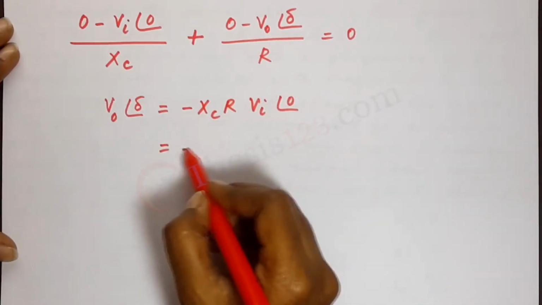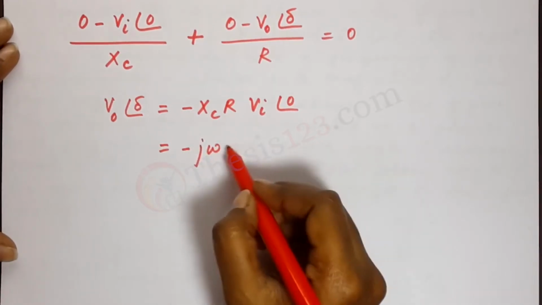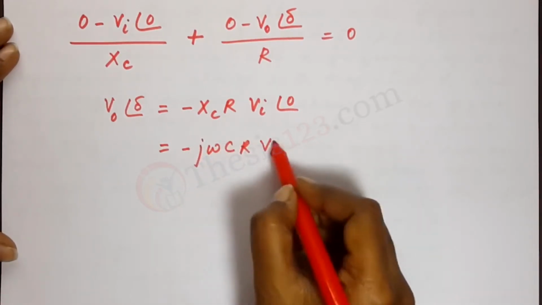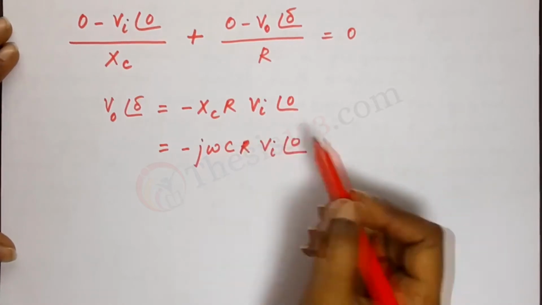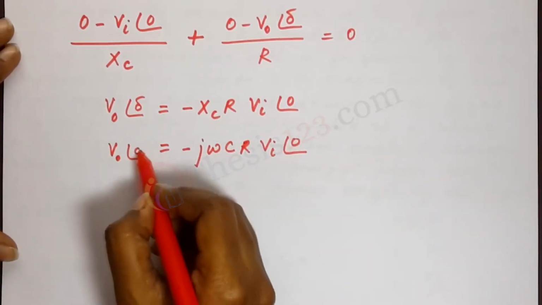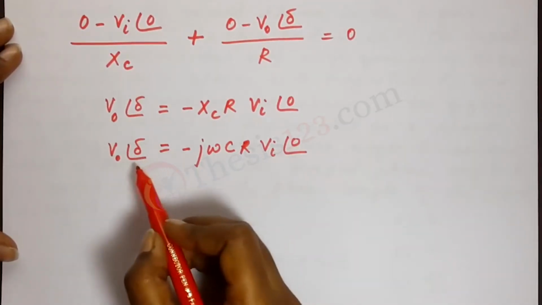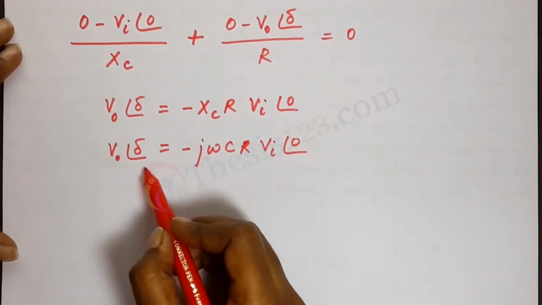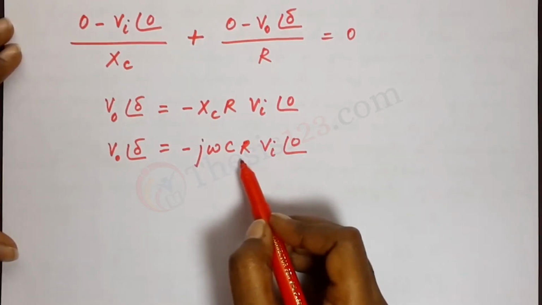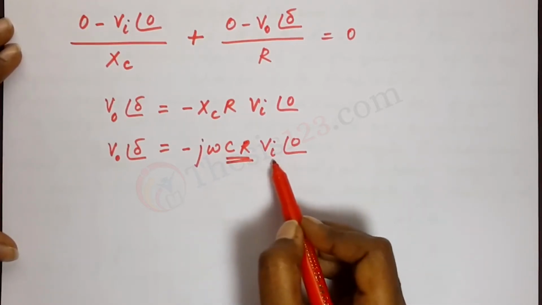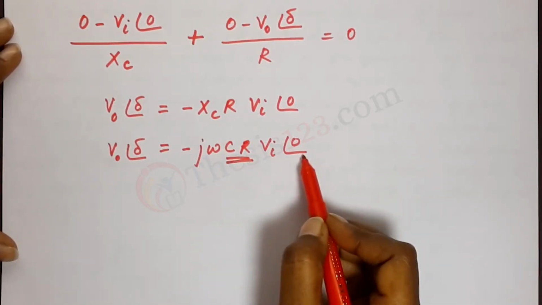Now Xc is 1 over J omega C, so we get minus J omega C R Vi angle 0. Okay, so here is, now all we have to do is observe. So we have V0 of delta, we have J omega C R and Vi with angle 0.